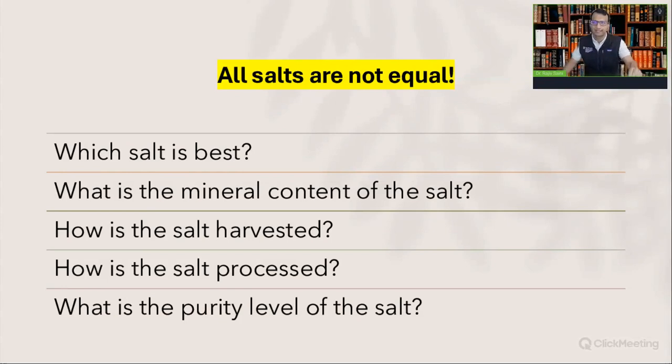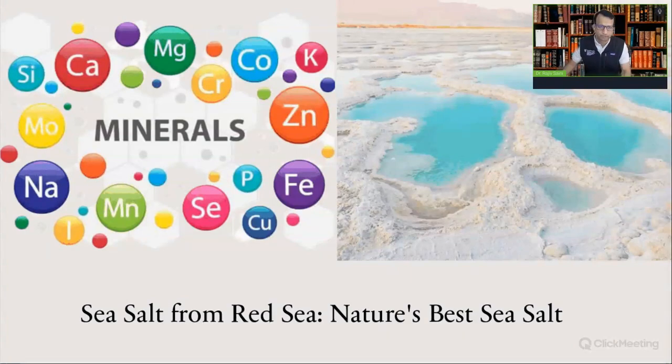If we understand these five things, we can choose the best sea salt based rinse for the cancer patient. It is very important to understand that the sea salt from the Red Sea near Egypt is nature's number one best sea salt source because it contains 82 plus minerals.